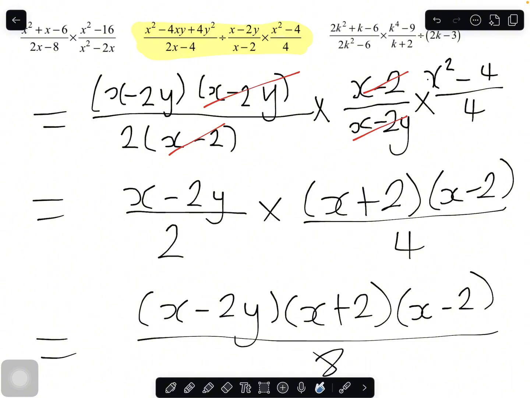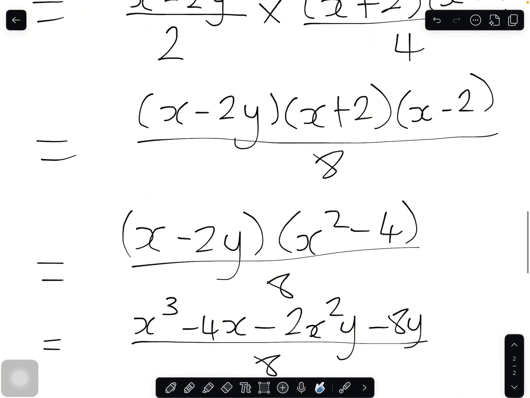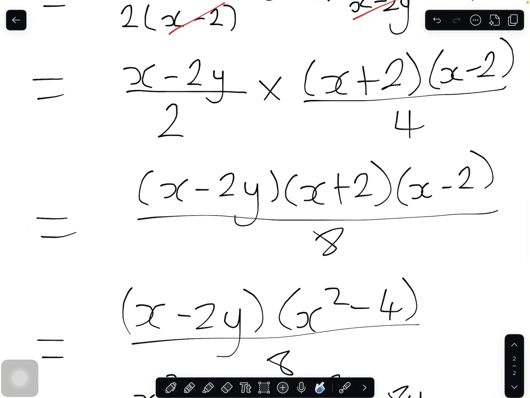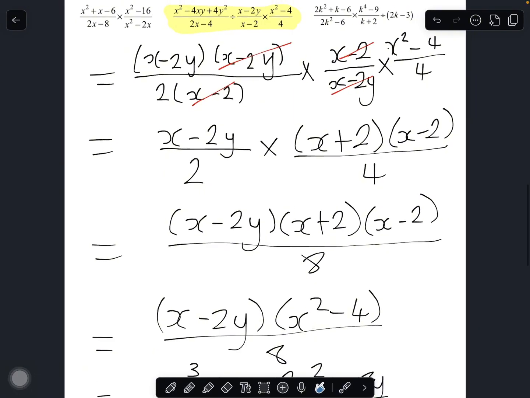So then we cancelled off the x minus 2's, we cancelled off the x minus 2y's, and then we checked if we factorize our last term, is there anything to cancel out? And there wasn't. So then we just did our algebra by multiplying out, and we got our final answer. So we're going to move on to the last question now.